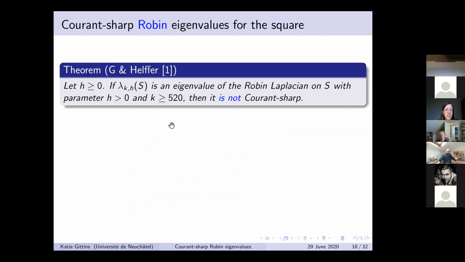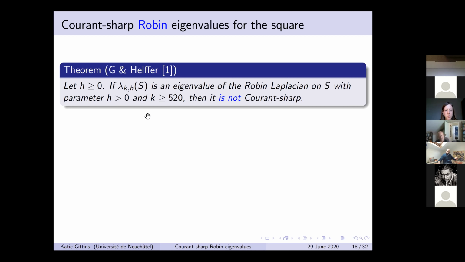So that would mean that to say something about the Courant-sharp eigenvalues for any h, I would need to check 519 cases, or maybe 515, since I know the first, second, third, fourth, ninth, so 514. So in any case, still a lot of cases to check here.